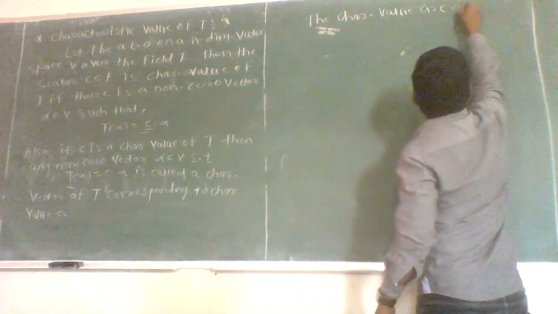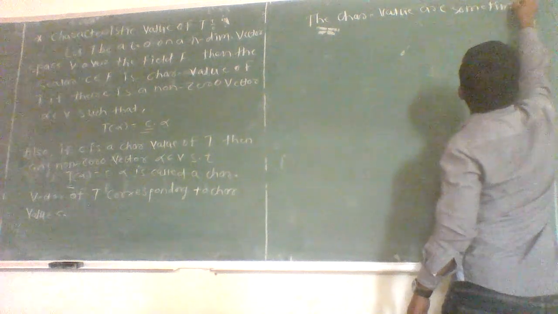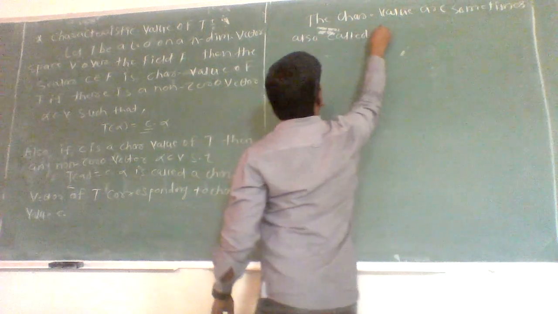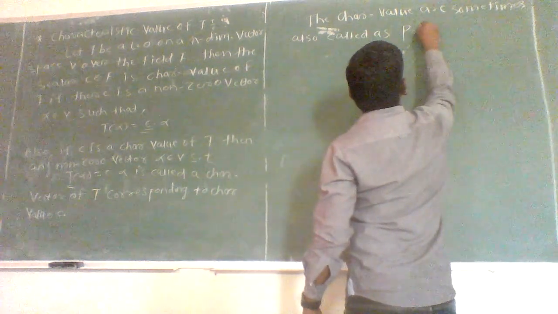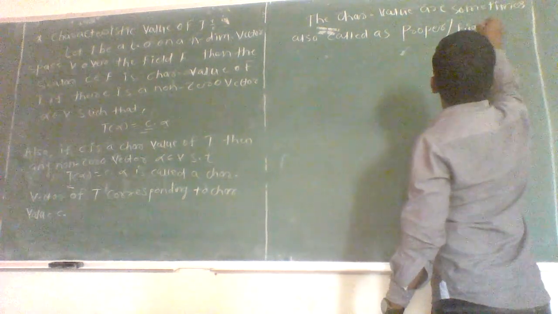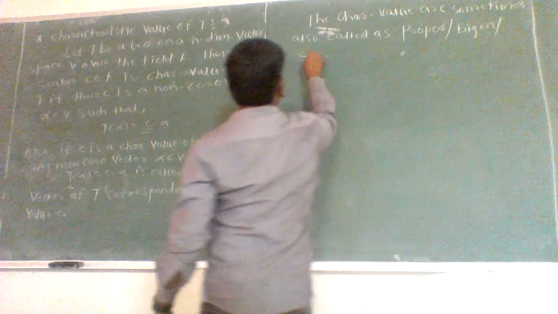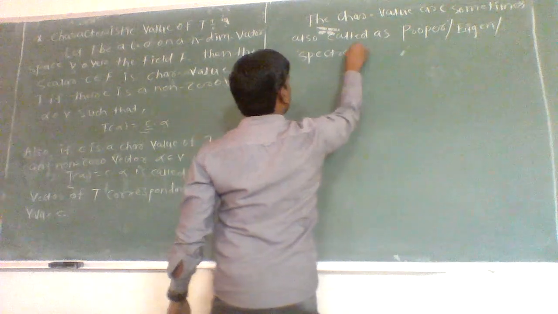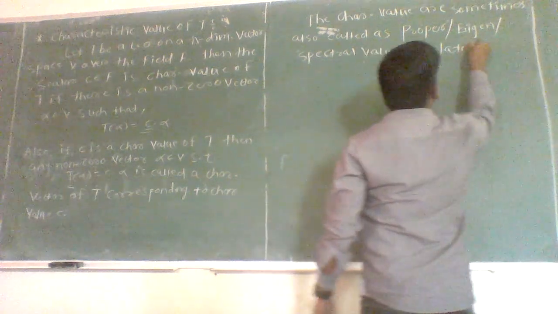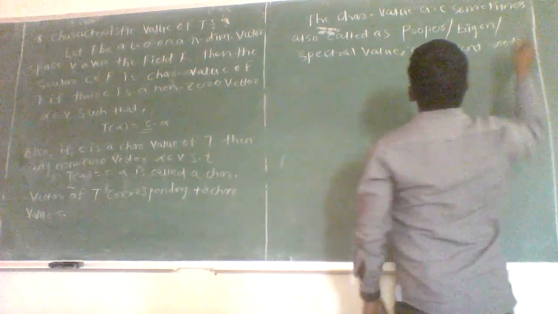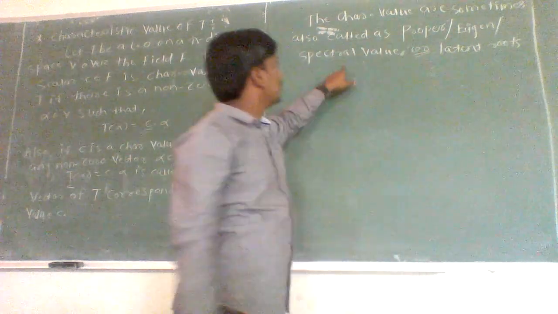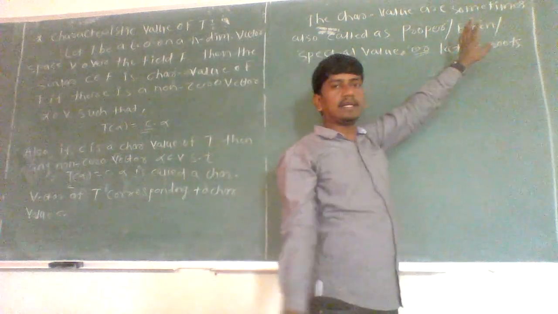The characteristic values are sometimes also called proper value, eigenvalue, spectral value, or latent roots.